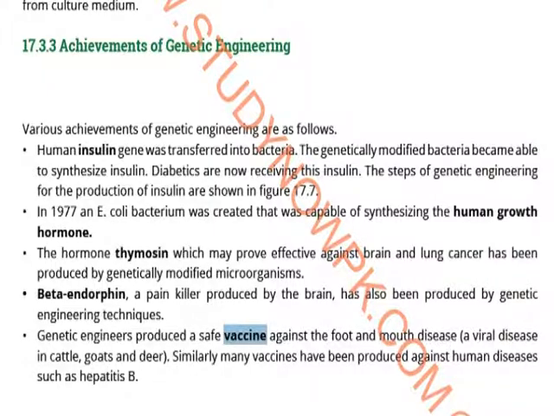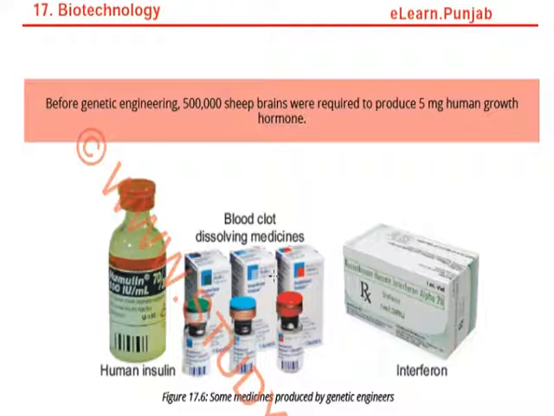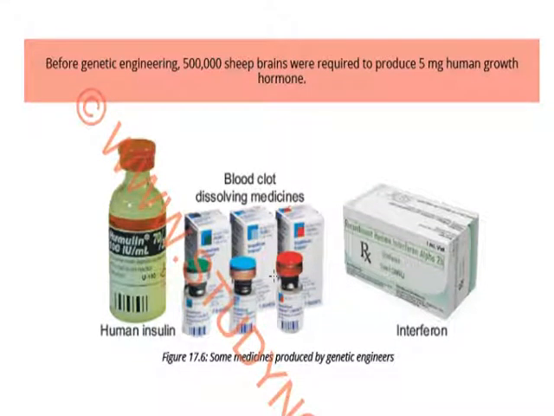Similarly, many vaccines have been produced against human diseases such as hepatitis. So these vaccines are also produced using genetic engineering techniques, which can be the production of protein with the help of addition of genes, repair of genes, and modification of the DNA.